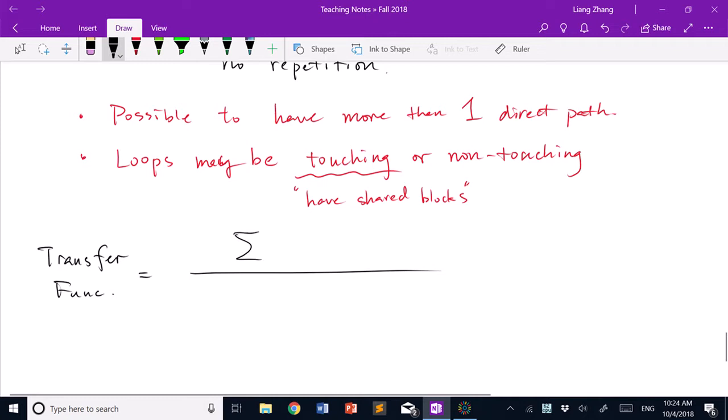It's the sum of all k, where k is the index for the direct path, of Tk times a special thing called delta k. I'll discuss what this delta k represents. The denominator is a capital delta, the big triangle. So k means all the direct paths.